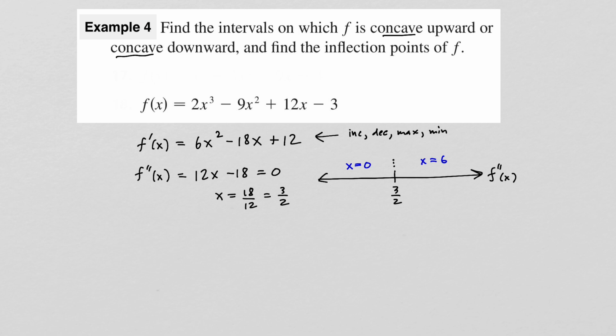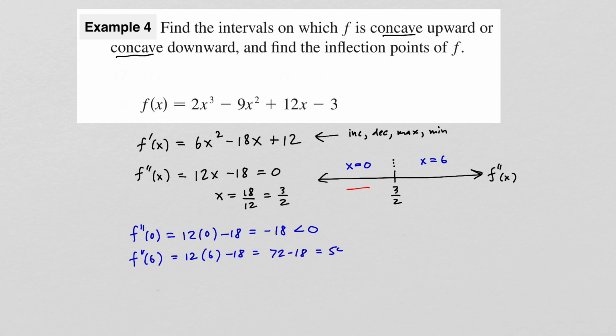And then we simply plug those numbers into the second derivative. So f double prime of 0 is 12 times 0 minus 18, which is negative 18, which is clearly negative. And if I plug 6 into the second derivative, we get 12 times 6 minus 18, and this is 72 minus 18, which is 54, which is clearly positive.